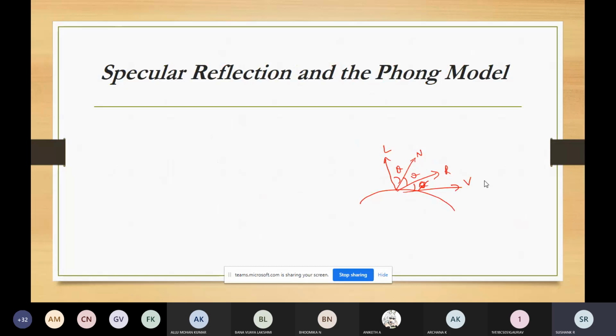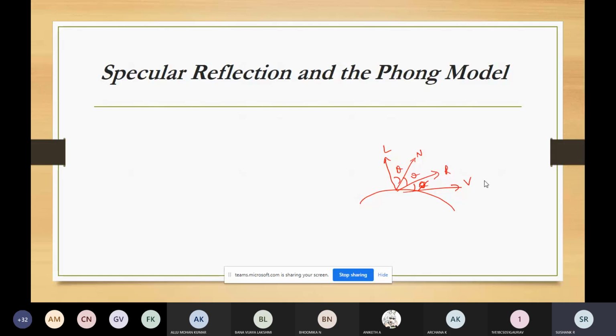Here we'll be calculating I specular reflection, and we'll define the values with respect to phi only, with cos of phi, and we will see that. This class is just the introduction. It consists of four vectors: L, N, R, V.